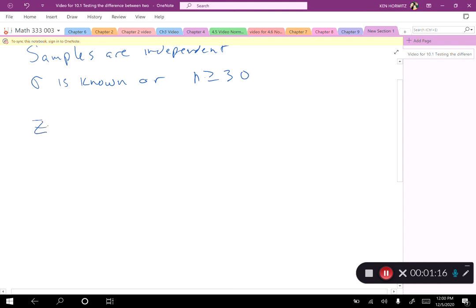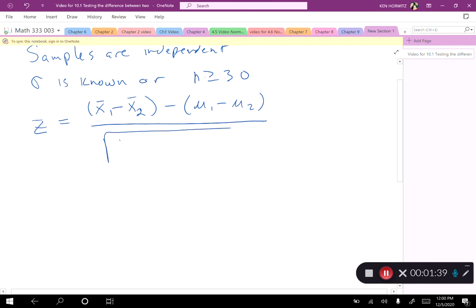For our z-score, we have x bar 1 minus x bar 2, minus mu1 minus mu2, all over the square root of sigma squared over our first sample size plus our second sigma squared over our second sample size. And that's all under the square root.